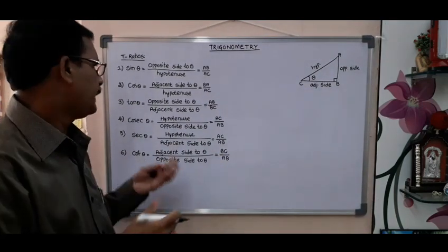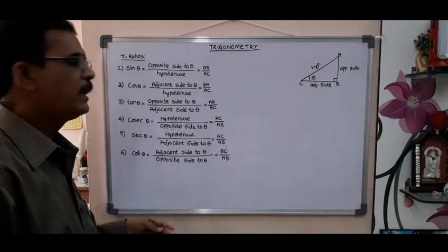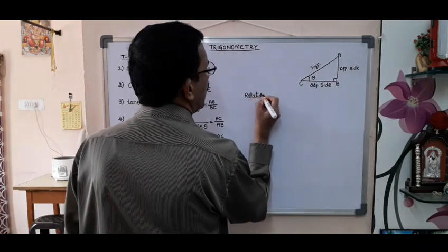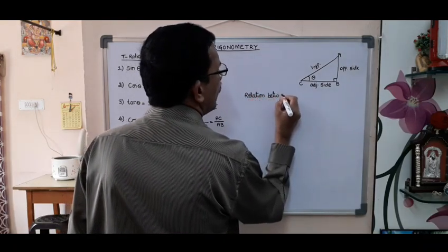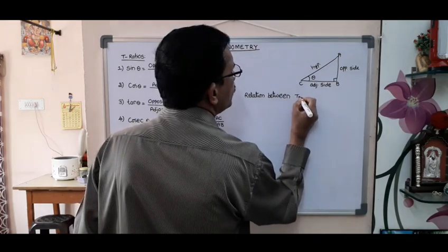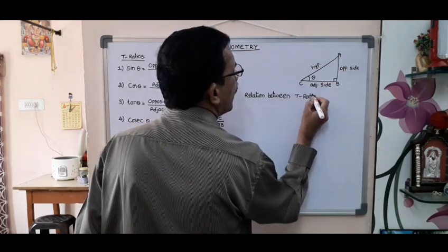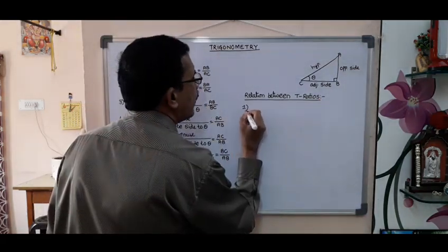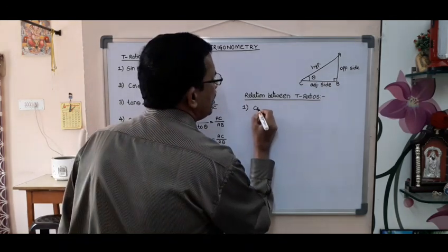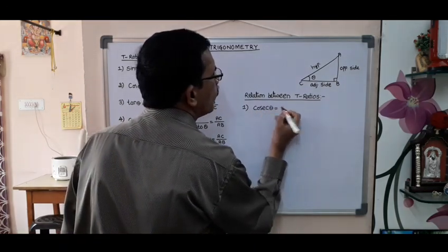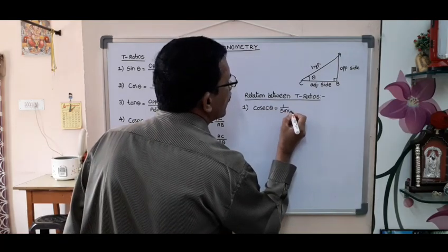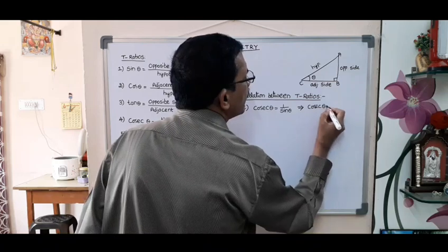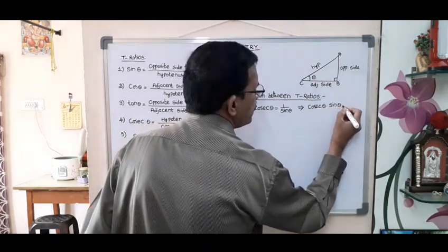Now let us see the relation between these 6 trigonometric ratios. First one is cosec theta is equal to 1 by sin theta, which implies cosec theta into sin theta is equal to 1.